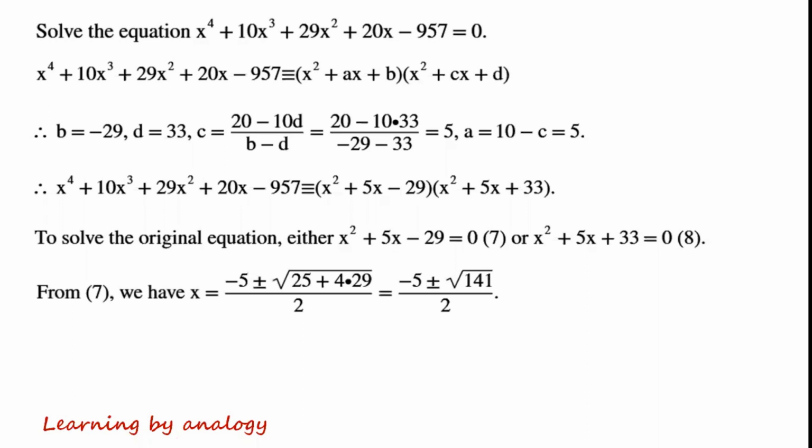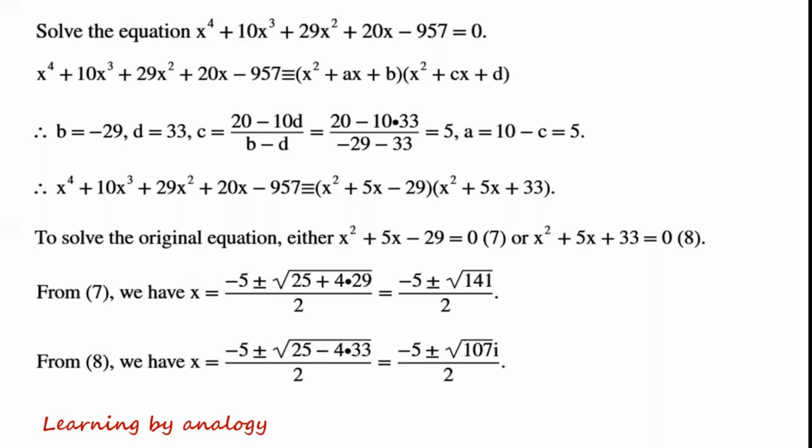From equation 7, we have x equals minus 5 plus or minus root of (25 plus 4 times 29), over 2, which simplifies to minus 5 plus or minus root of 141, over 2.